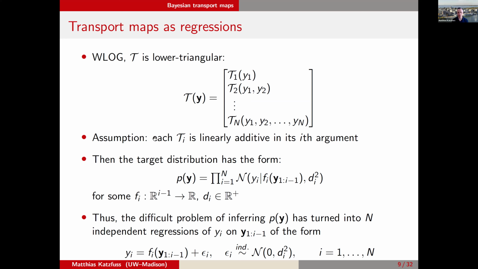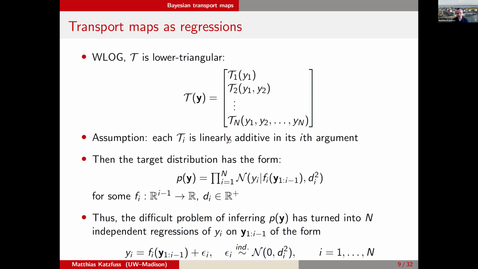In addition, we're going to assume here that each of these components, each of these functions T_i, is linearly additive in its ith argument, its last argument, but it can be any function of the other arguments.